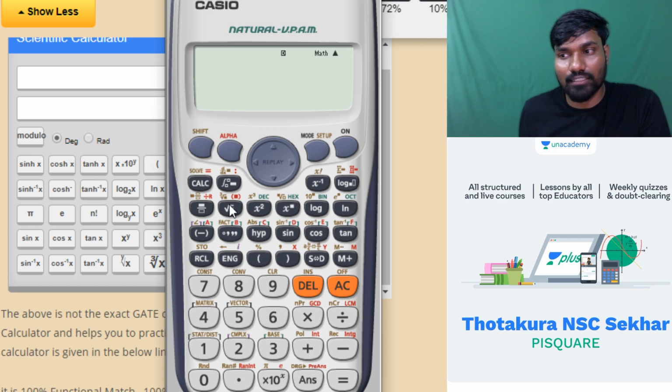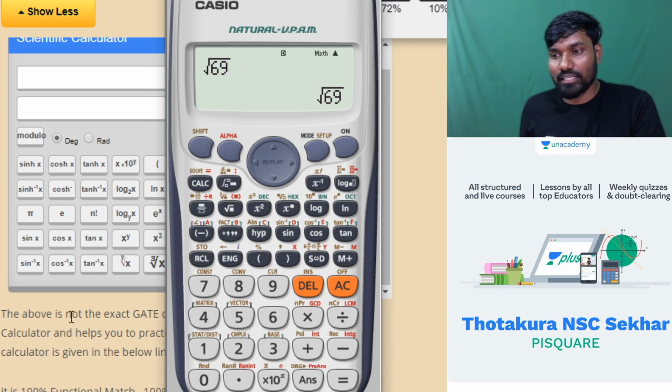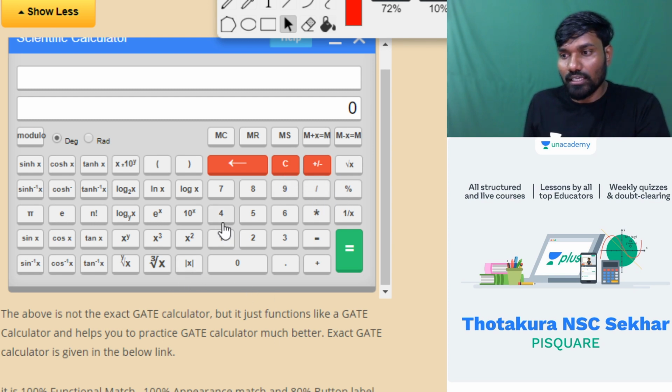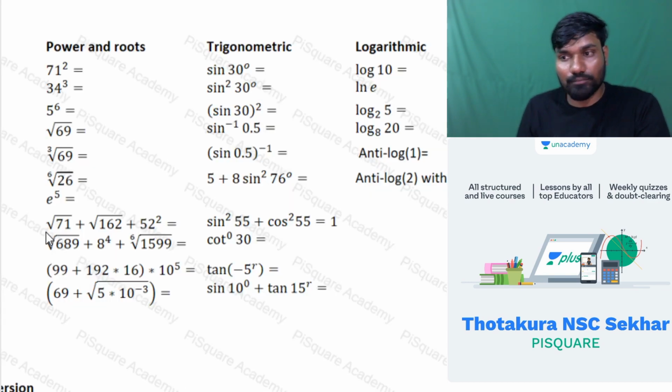There is no x. That's why I'm using this first, then some value. Because here x is not labeled, but here x is labeled, that's why x first. Are you getting the point? So for the cube root of 69, x first, 69, perform this operation, and this is the answer. Clear? Thumbs up if you are clear.